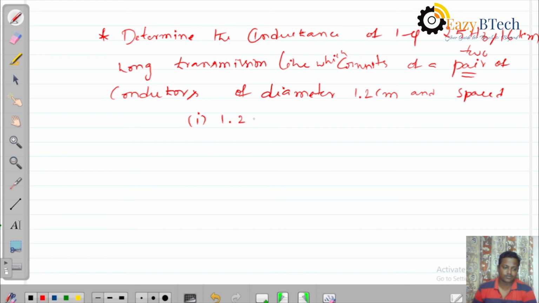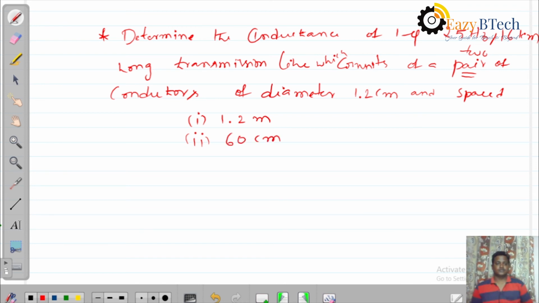One is 1.2 meters and the second case is 60 centimeters. Here D is different. Okay, now you can go through this.